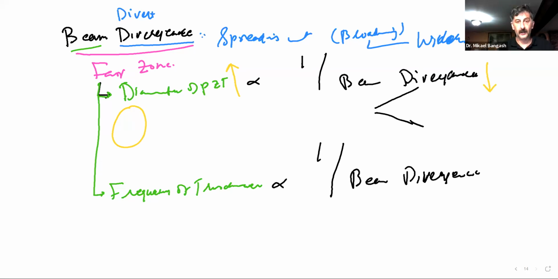Whereas if we had a small PCT, which means a smaller diameter, that would lead to greater divergence of the beam in the far zone.